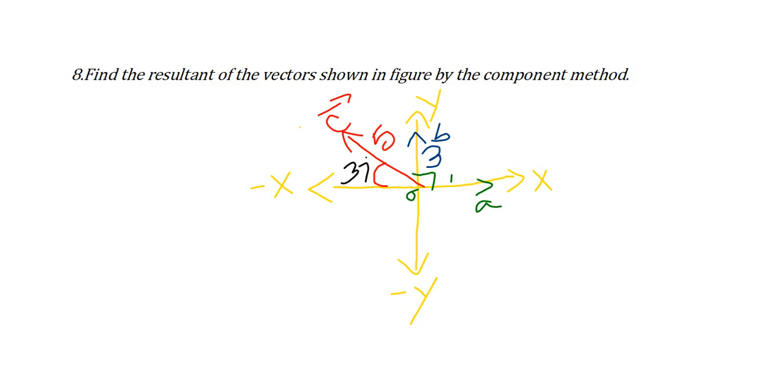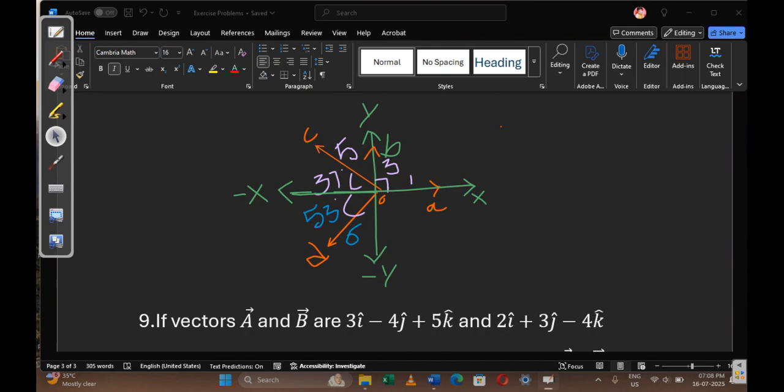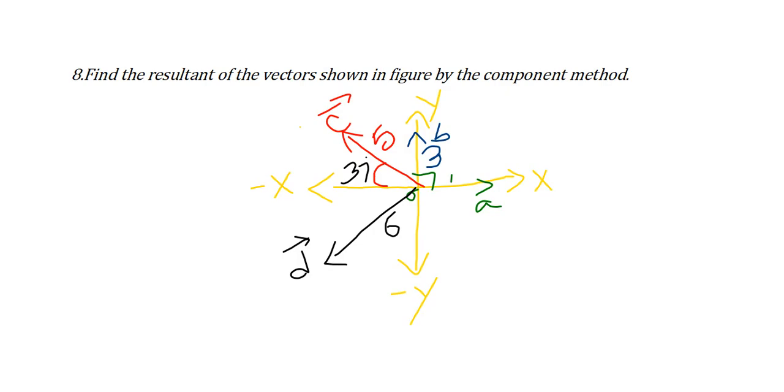Next, vector d bar, length of this is 6 units and it is making an angle of 53 degrees with the negative x-axis.